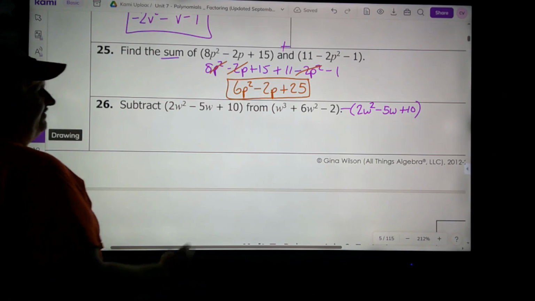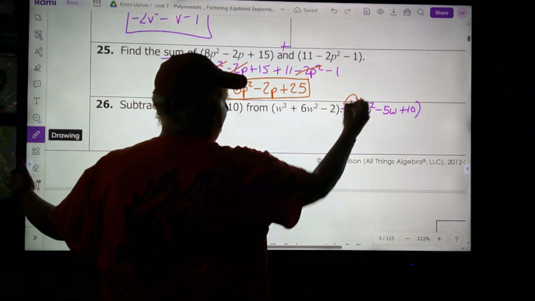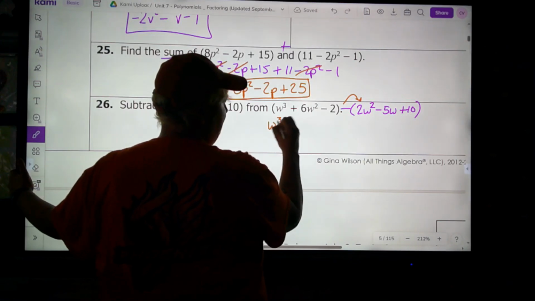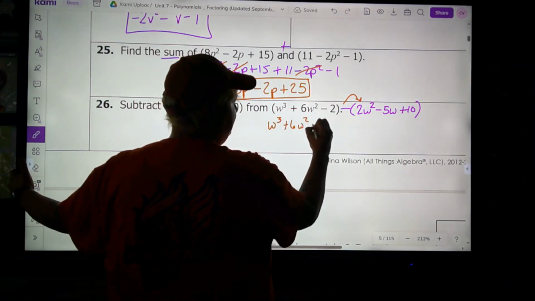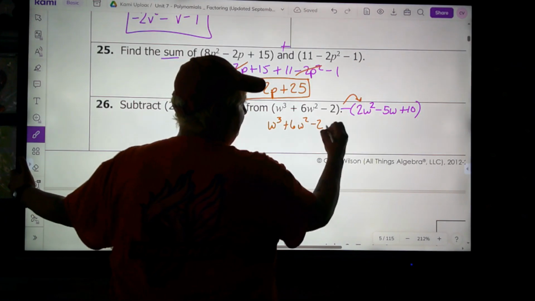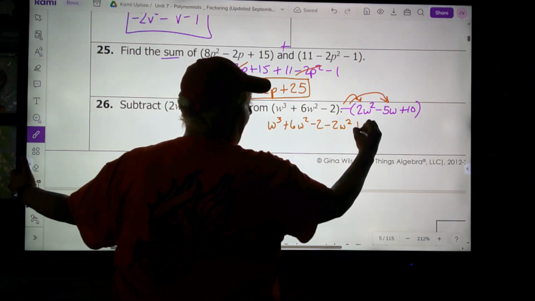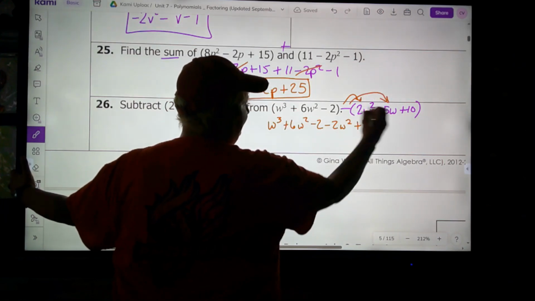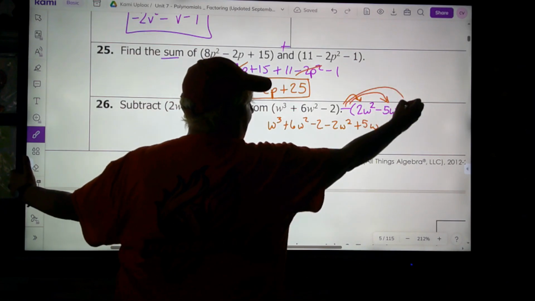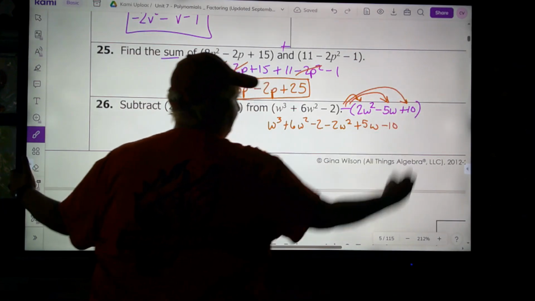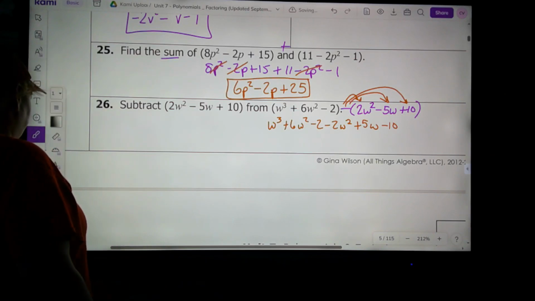All right, so now we know we need to distribute. So we have w cubed plus 6w squared minus 2 minus 2w squared plus 5w. Negative times a negative is a positive. Minus 10. Now we can combine our like terms.